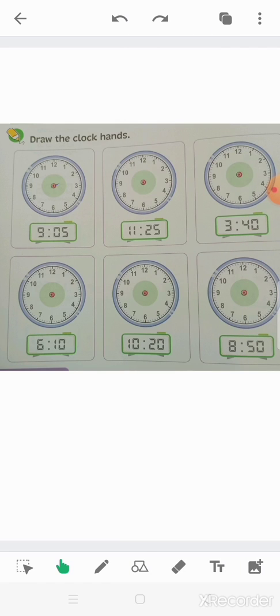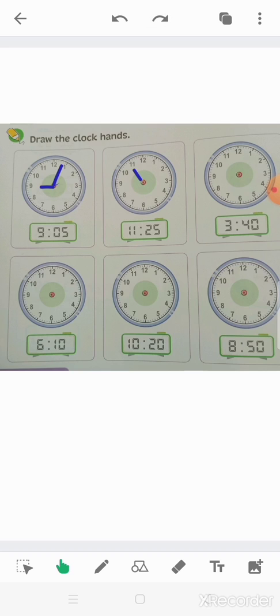What do we have here? Draw the clock hands. In the first example, this is for the hour and this is for the minutes. The short hand points to 9 and the long hand points to 5. 11:25.